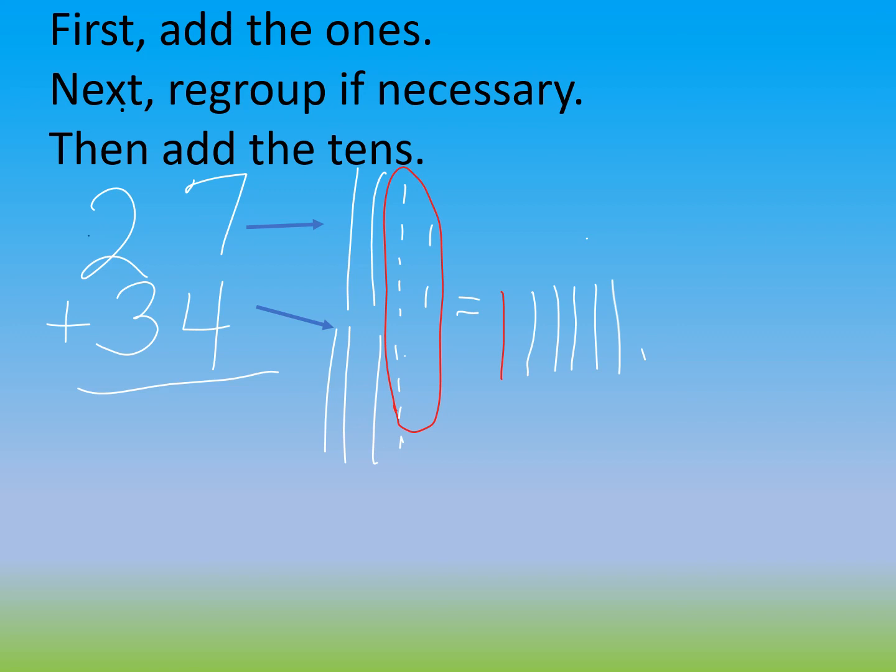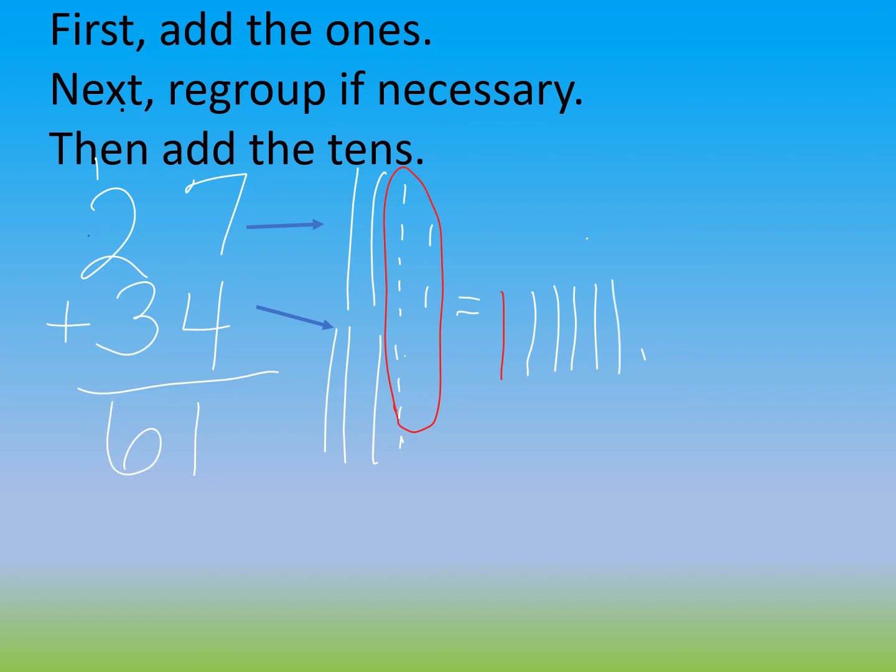That's my answer, 61. Let's check my answer by adding 7 plus 4 equals 11. 1, carry the 1. 1 plus 2 is 3, plus 3 is 6. 61.